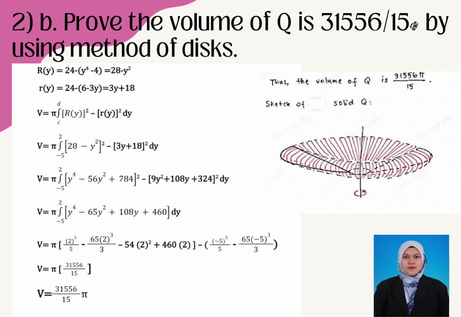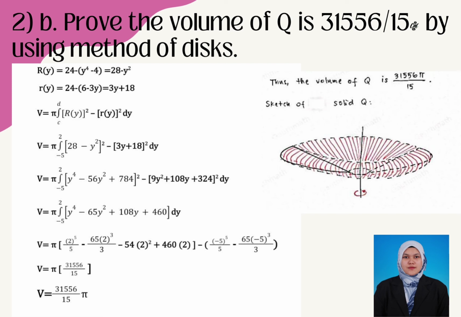For the two equations, you have to put them in the formula. So the formula is V equal to π integral from a to b of (R(y))² minus (r(y))² dy. Next, V equal to π integral from −5 to 2 of (28 − y²)² minus (3y + 18)² dy.